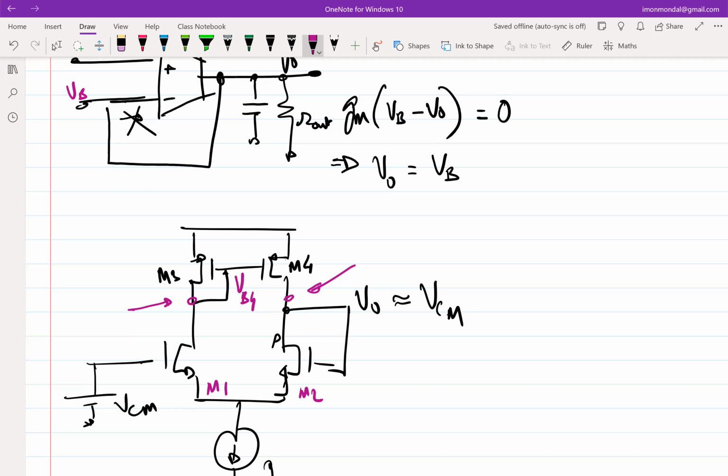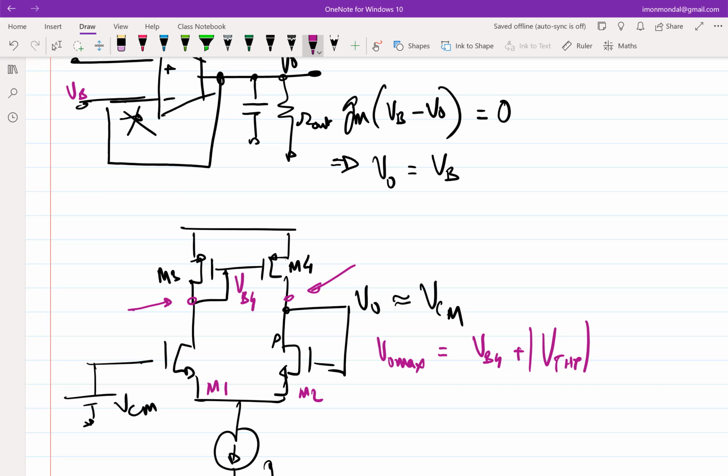So V0 max can be VB4 plus mod of VTP. I say mod because traditionally it's written as negative threshold voltage, for a PMOS. So if the diff amp is put in this configuration, the ICMR plus will be the minimum of this constraint and the previous constraint, right?